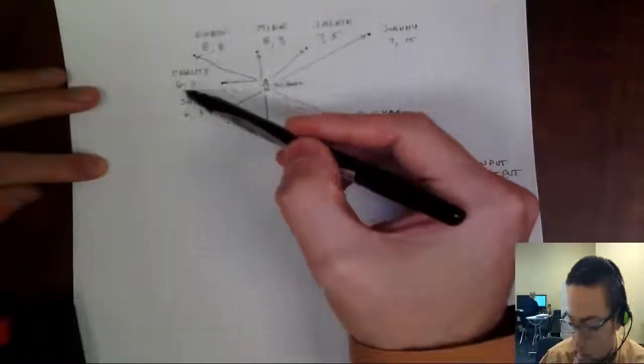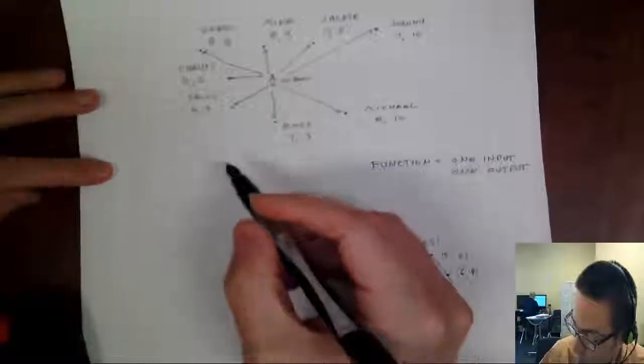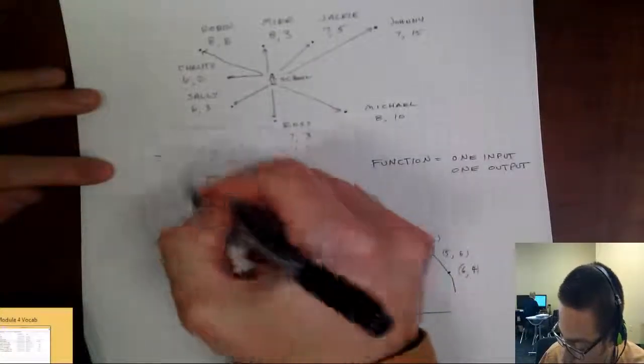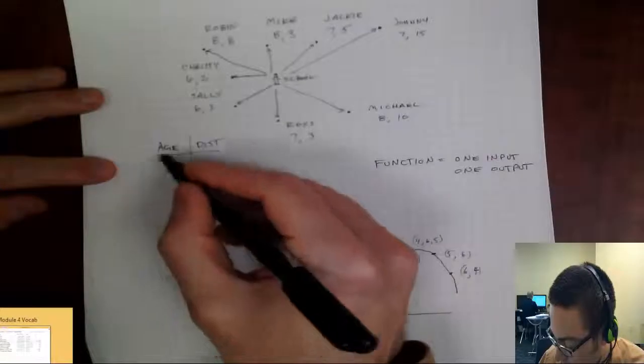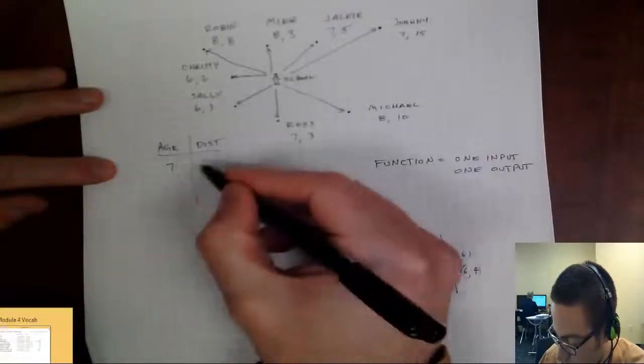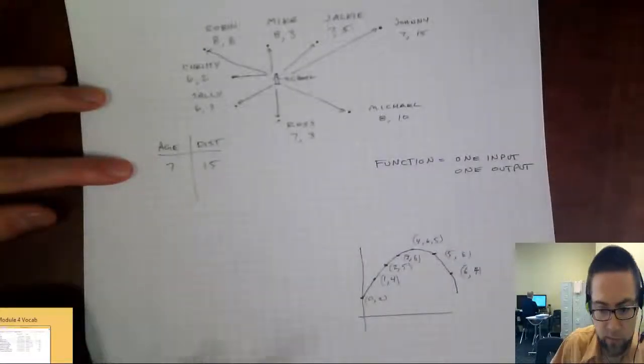And we have Christy that's 6 years old and 2 miles away from school. So we have age and we have distance, right? So are these numbers related to each other? Well, they're related, but there's no real functional relationship between how old you are and how far you live from school, right?